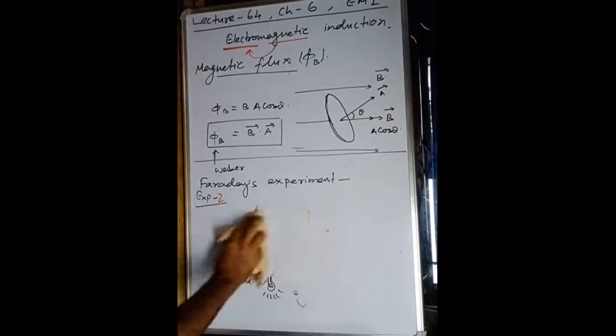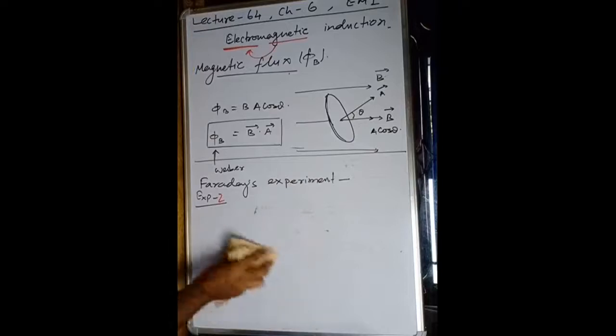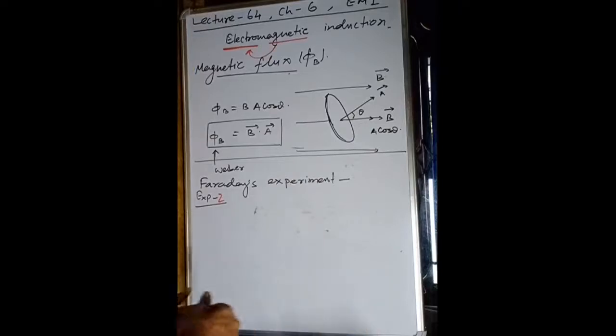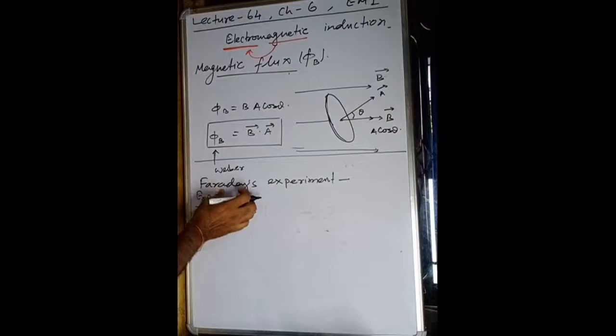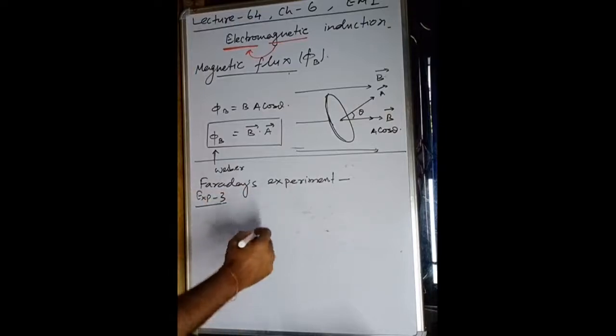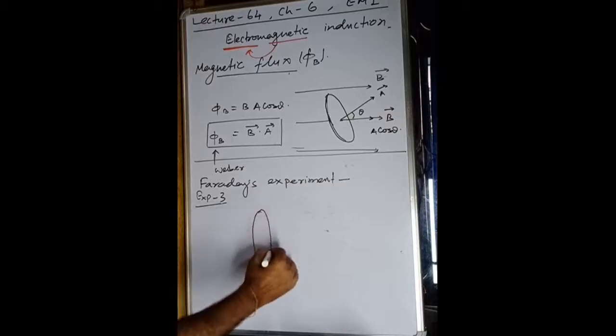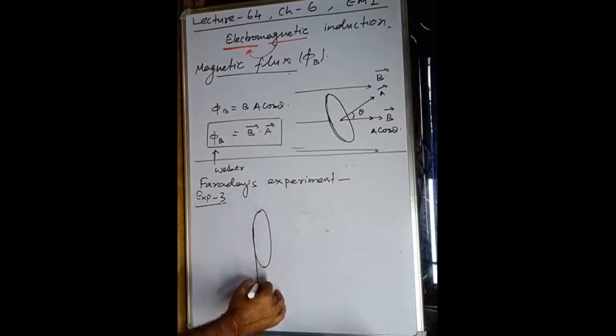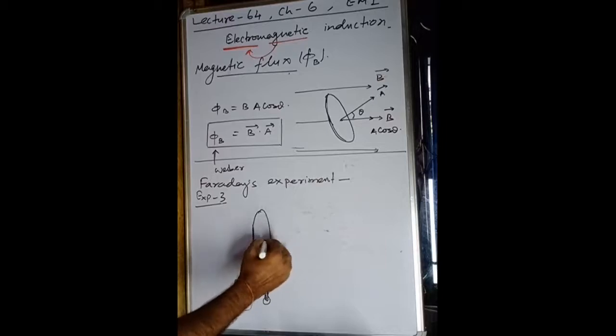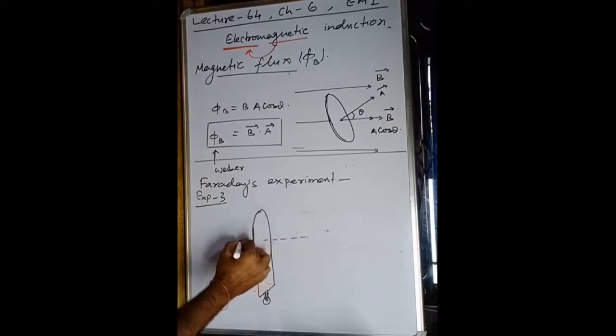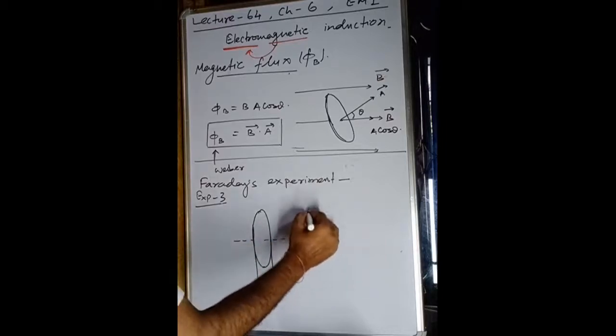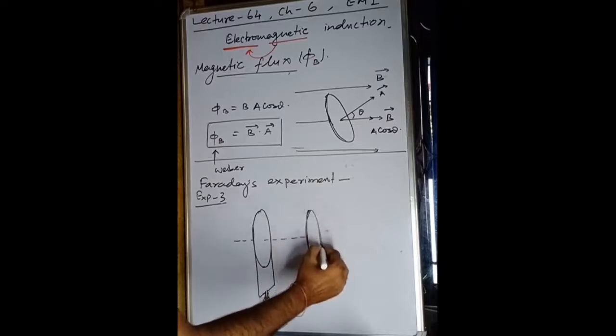Okay, now in experiment number 3, a coil with an LED connected. At the axis of this coil, we have placed another coil, given M turns.